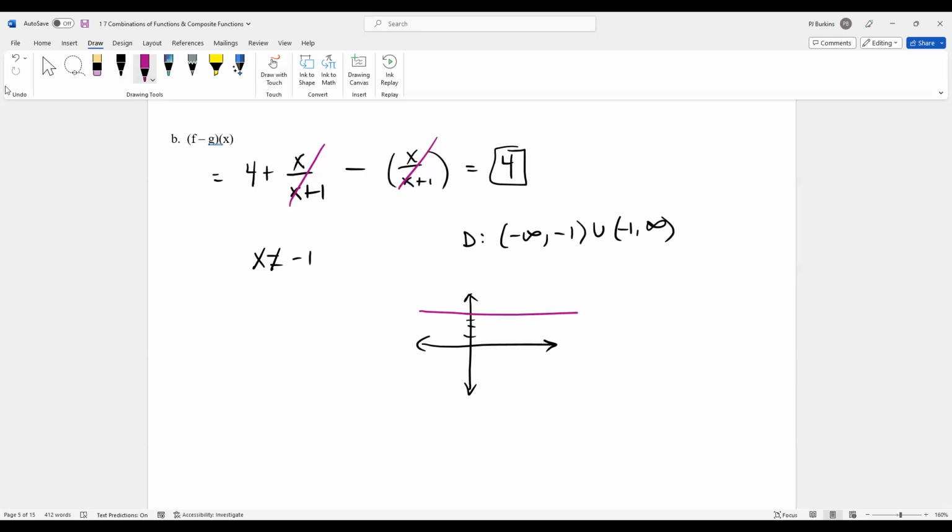However, because of the restriction on the domain, it's going to be everywhere to -1 open, and then everywhere from there. So there's actually an open circle at -1. Okay, and that's because of the domains of the initial functions.